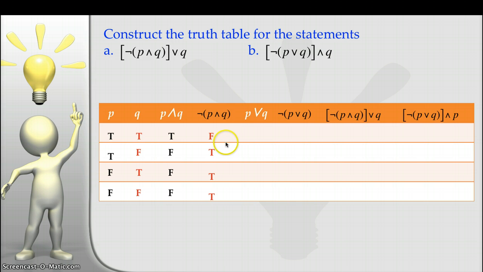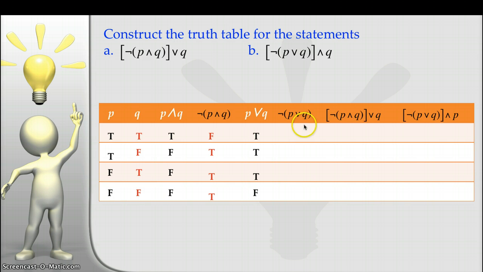Let's check. We're comparing these two columns. True and true is true. True and false is true, as I made the summary before we began putting the values. False and true is true. And then false and false is false.